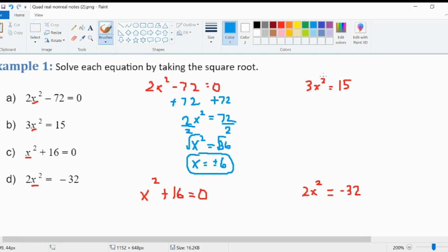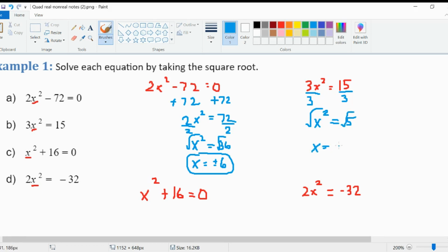Moving on to problem 2. We've got 3x squared equals 15, so we'll get our x squared alone. We'll divide by 3. Divide by 3. And we have x squared equals 5. Undo our x squared by taking the square root. And we're left with x is equal to.